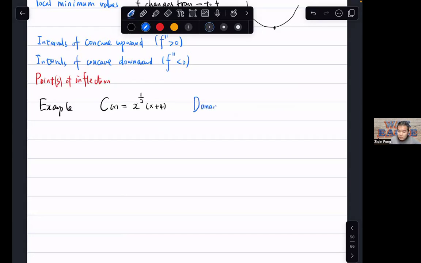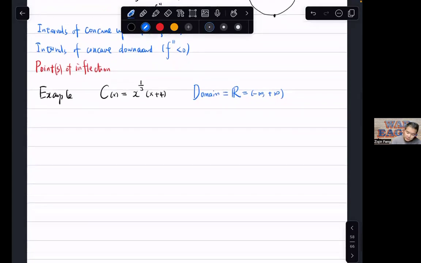What is the domain? Domain here is all real numbers, from negative infinity to positive infinity, right? That's not hard to see because the third root is an odd root, right? And so let's try to do that.